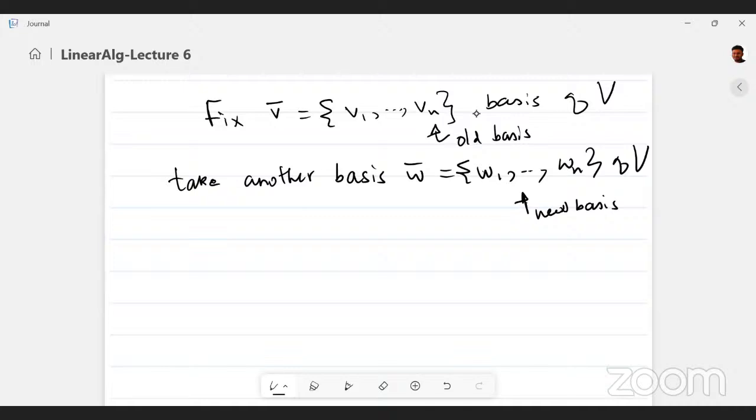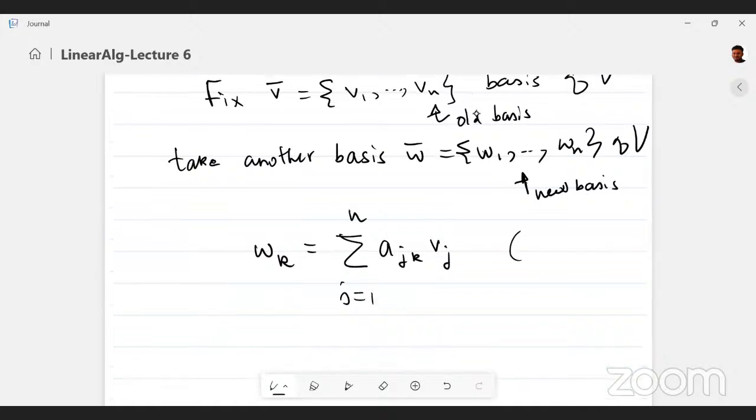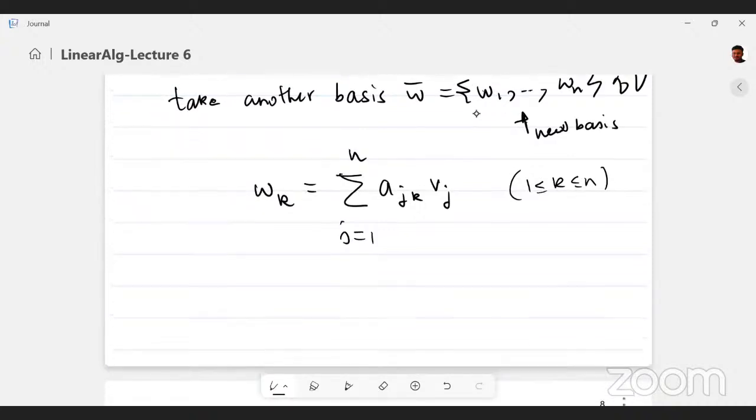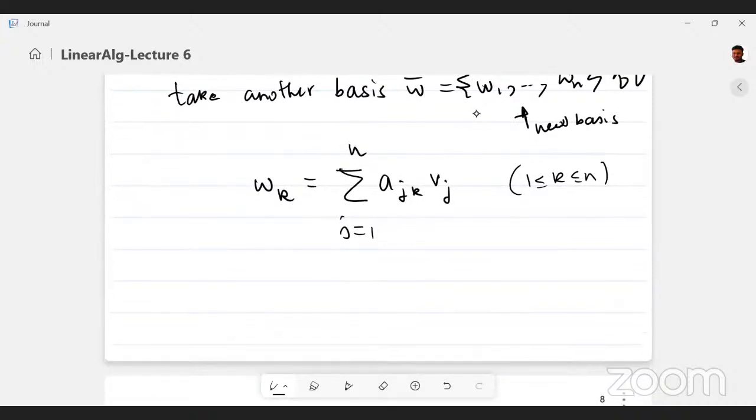Because both of them are bases, we can always write each element wk as a sum of ajk vj, where j ranges from 1 to n. I can always do this for each k between 1 and n. To understand this new basis wk, it is enough to understand these scalars ajk. So I can record those scalars, and recording those scalars is the same as recording the new basis.